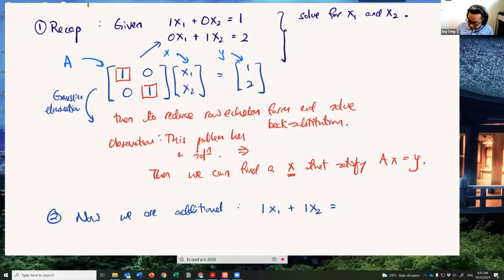If I want the new equation to satisfy the above solution, what must this be? Can you all type onto the chat, please? 3, of course, because you know that x1 is 1, x2 is 2.